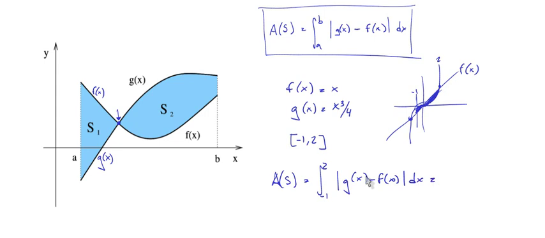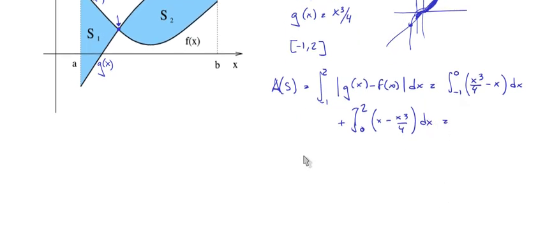What we know, because we have evaluated those, is that we can separate this in two integrals: between -1 and 0 of x cubed over 4 minus x dx, which is greater than 0, plus the integral between 0 and 2 of x minus x cubed over 4.